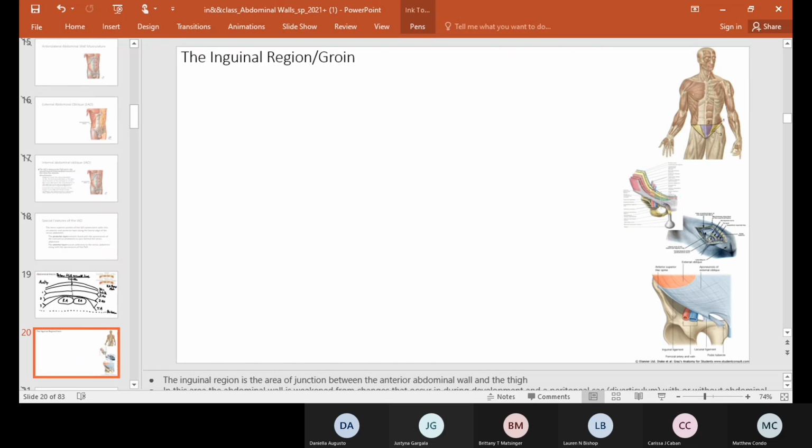Inguinal canal. So inguinal canal is basically just going to be an open space, and it's very important because it's going to be a passageway for several different structures.